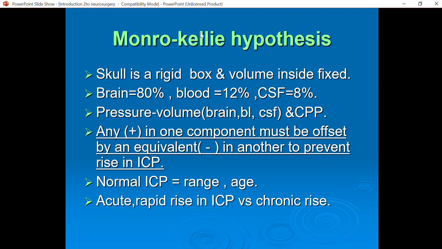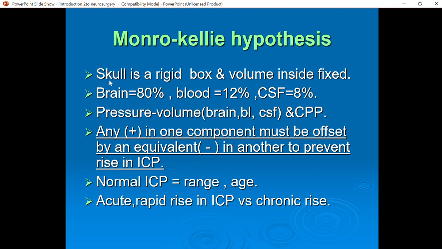For the Monro-Kelly hypothesis, it is not important to just remember the name, just remember the idea. The skull is a closed box, and in this closed box there are three main components: brain 80%, blood 12%, CSF 8%. This hypothesis says that any rise in one component must be offset by an equivalent decrease in another one, and that is to prevent the rise in the ICP.